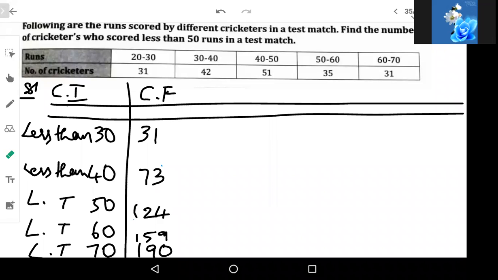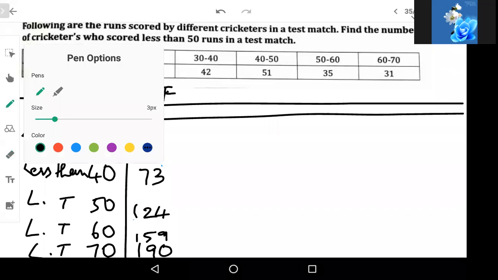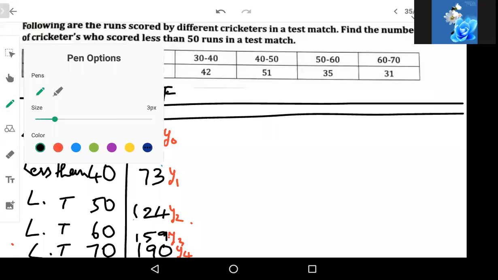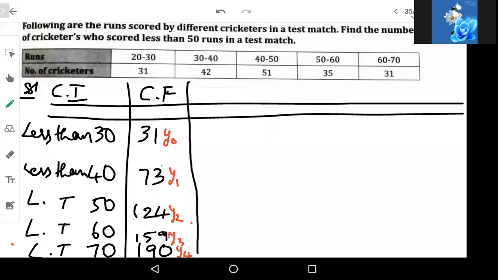Now as usual write your y0, y1, y2 and all those numbers. The first one will be y0, then y1, y2, y3, y4. After this we have to find the leading differences.